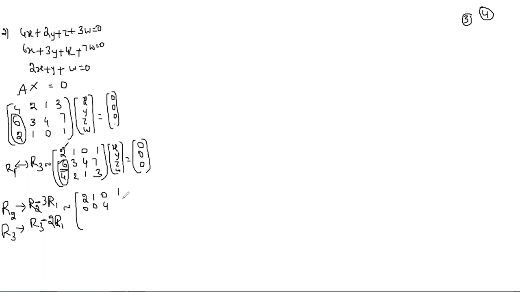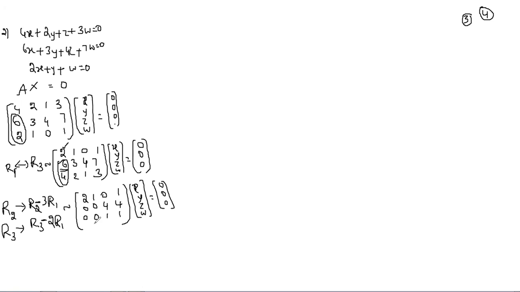R2 is 7 minus 3, that is 4. Next, 4 minus 4 is 0, and 2 minus 2 is also 0. And next here it is having 1. And if you see R3 is 3 and this is minus 2, 1. And the remaining you can write as X, Y, Z, W equal to 0, 0, 0.